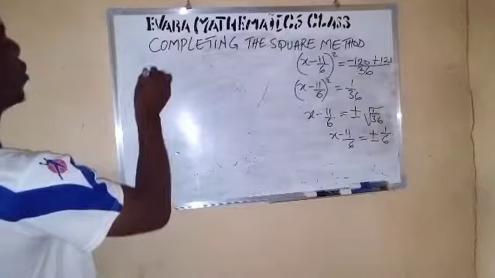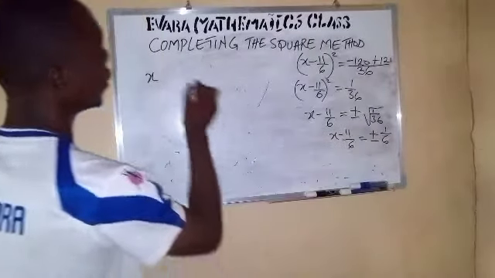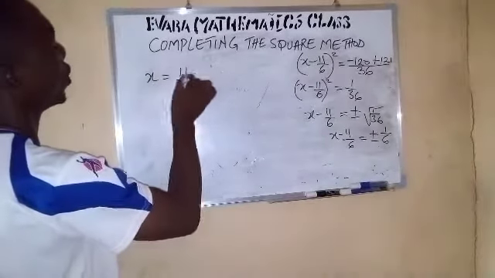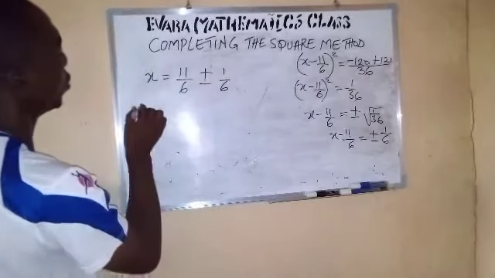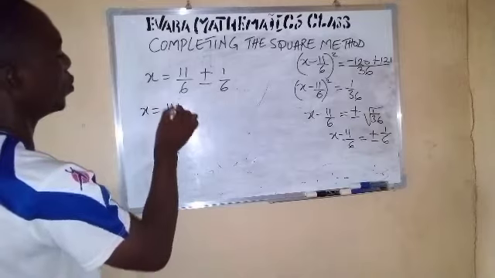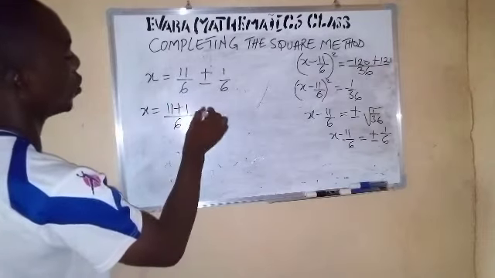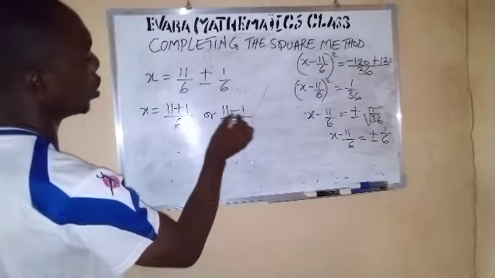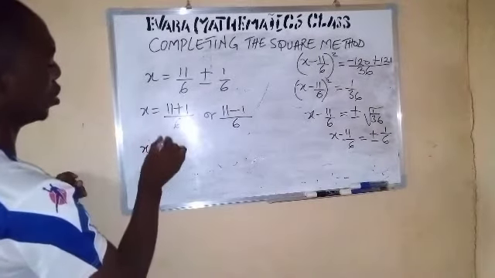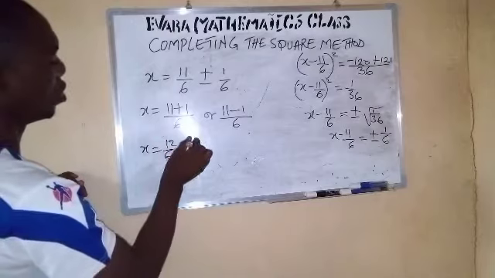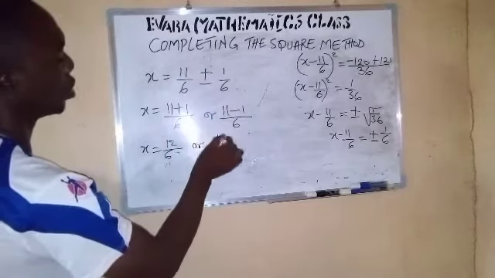So we have x. We take this to the right hand side. It becomes 11 over 6 plus or minus 1 over 6. So that means our x will be 11 plus 1 over 6 or 11 minus 1 over 6. So 11 plus 1 is 12 or 11 minus 1 is 10.